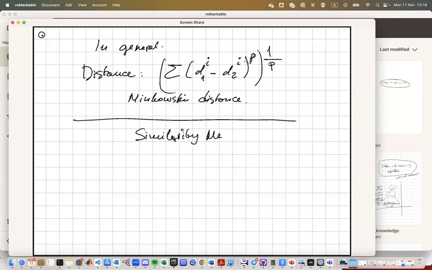A similarity measure, an obvious difference from distances, is that it focuses on the angles between vectors. So if we have two features, x1 and x2, and we have four data points, those are our vectors.